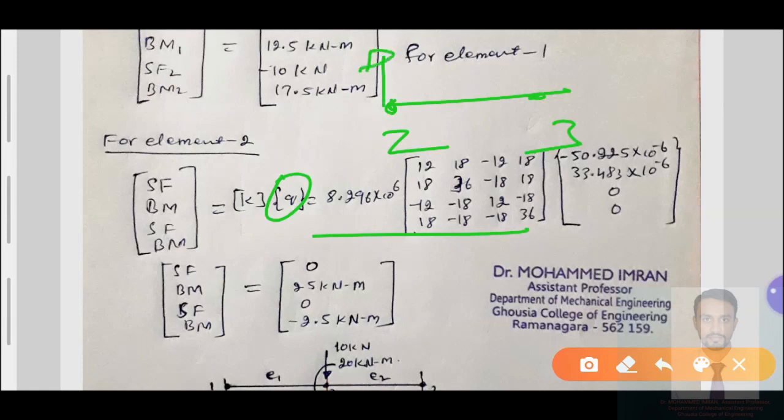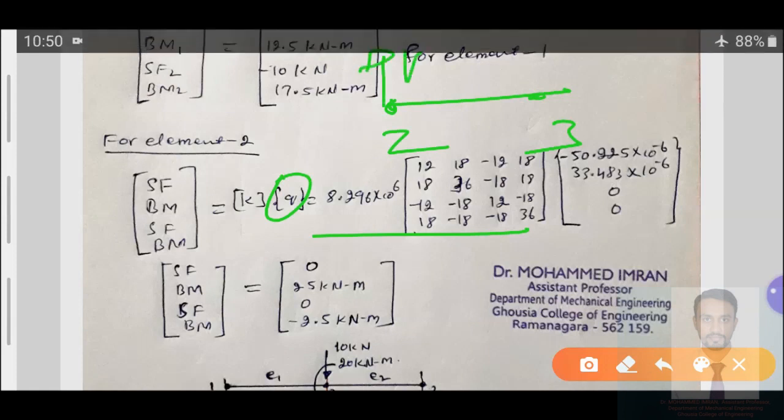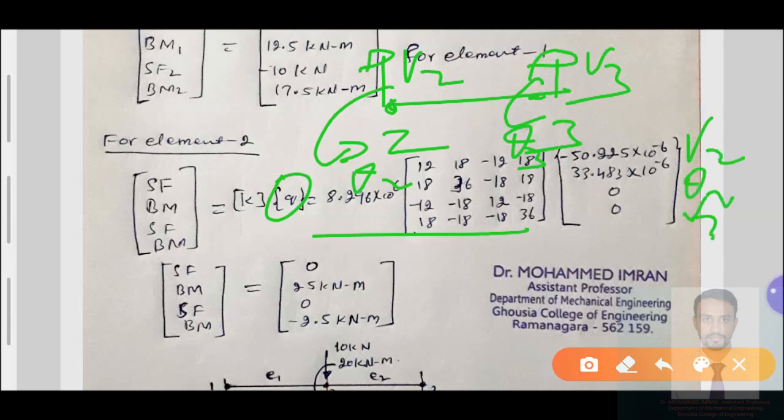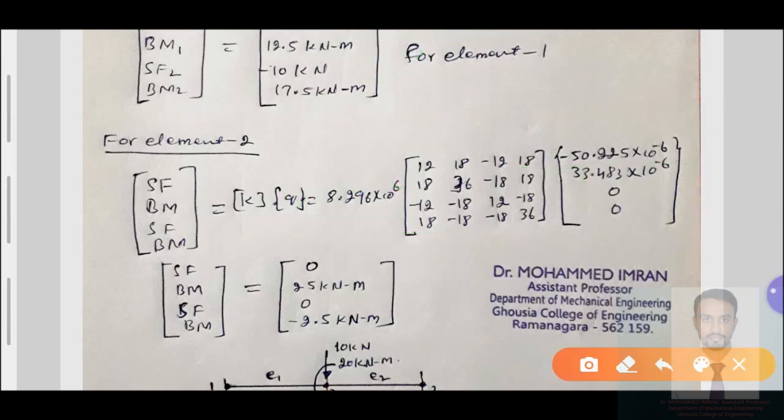That means the transverse displacement V2 and moment theta 2 at node 2, and V3 theta 3 at node number 3. V3 and theta 3 are 0. V2 and theta 2 we have found. That value you substitute here and then resolve this matrix.